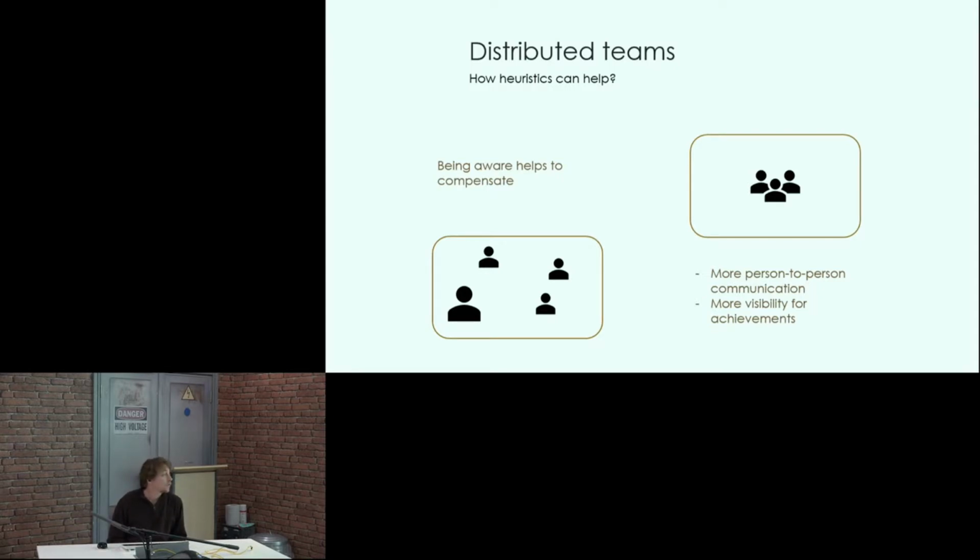And also we can think of some practical measures to alleviate this problem, like we can have more person-to-person communication to make people understand the other people's environment better and make better adjustment when they judge them, and we can try making achievements of the other teams more visible to us.